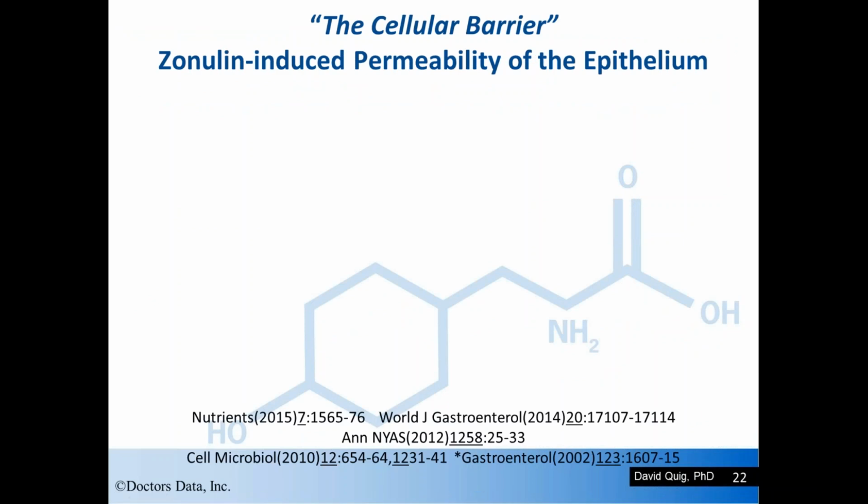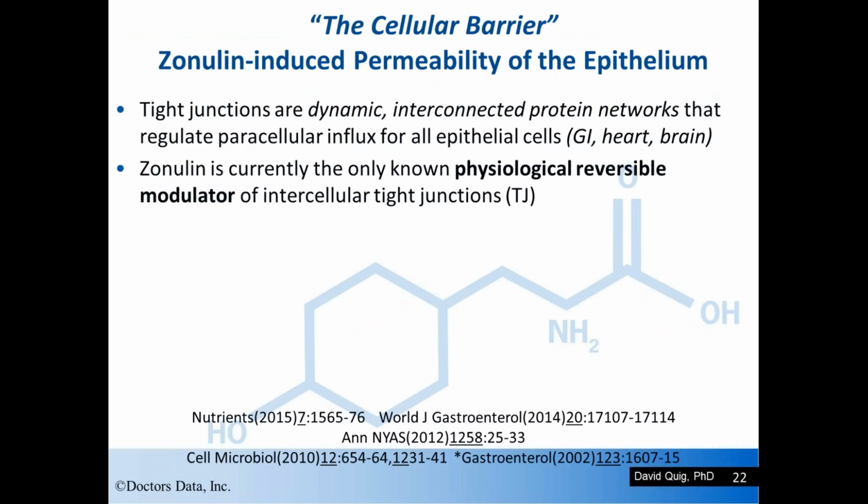So the final cellular barrier, what everyone has referred to in the past as leaky gut, entails the zonulin-induced permeability of the epithelium. Now, the tight junctions between the epithelial cells are very dynamic and interconnected protein networks that regulate paracellular influx of macromolecules for all epithelial cells in the body.